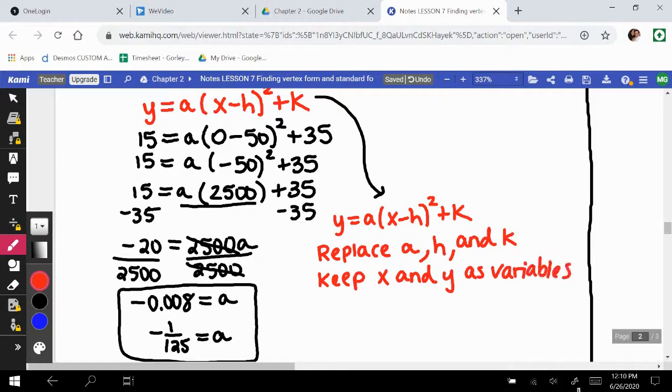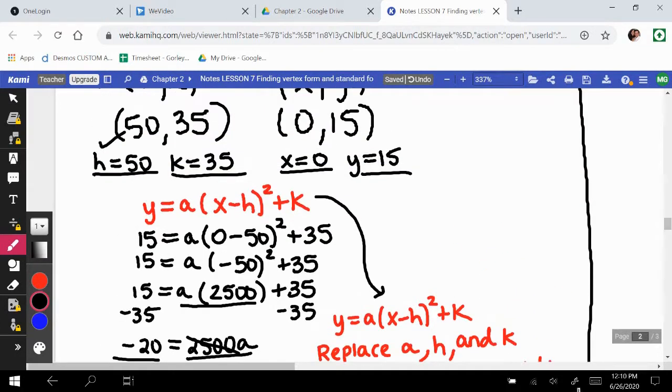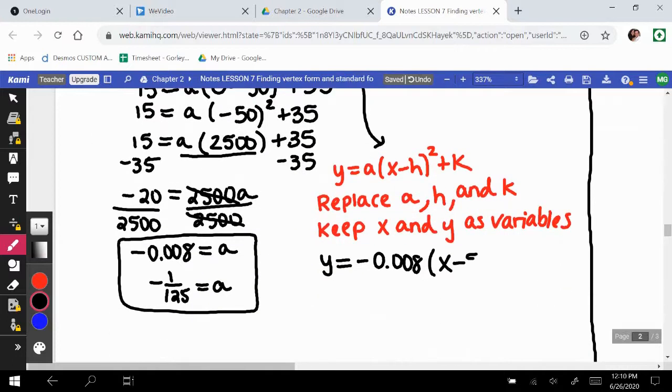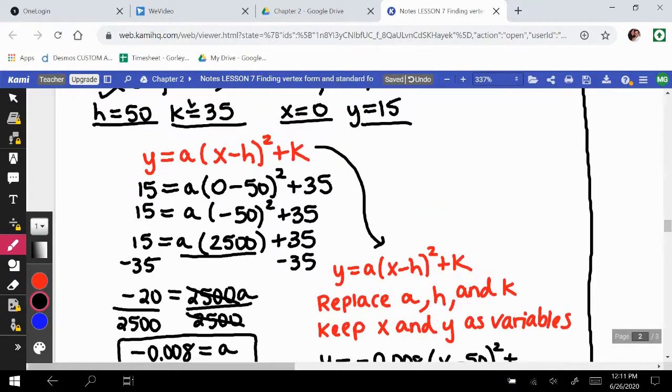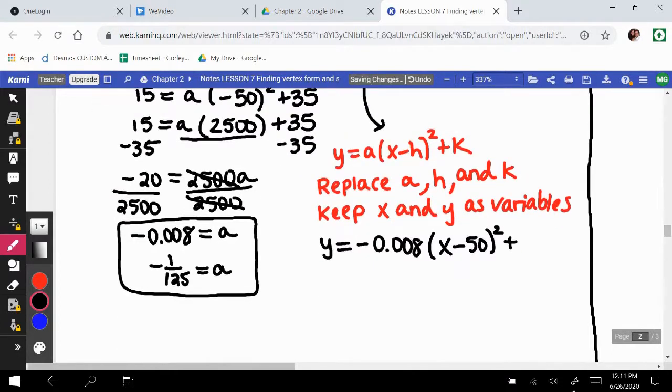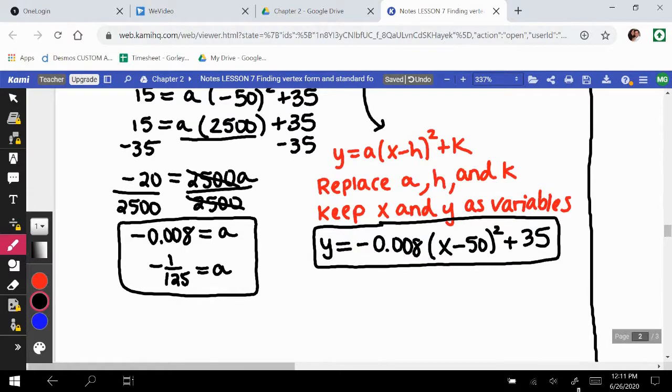Okay, so my function now is going to look like this. Y equals, a we got was negative 0.008, (x minus h), h was 50, plus k, and what was k? K was 35. And that would be your answer for part A, where it wants us to write the equation of the parabola.